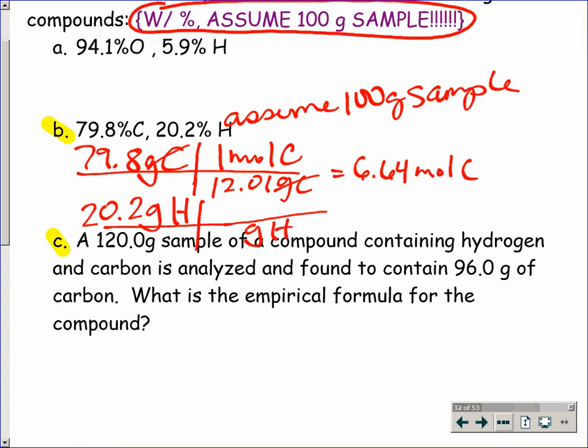What's the molar mass of hydrogen? 1.01, and that's related to what on top? 1 mole of hydrogen. Good. All right, so I think we can do that basically in our head. 20.2 divided by 1.01 is about what? It's about 20 moles of hydrogen. Okay, on our simplified steps here, which one have we done? We've done get moles, right? So now what do I need to do? Divide by smallest moles. So who's smallest moles here?